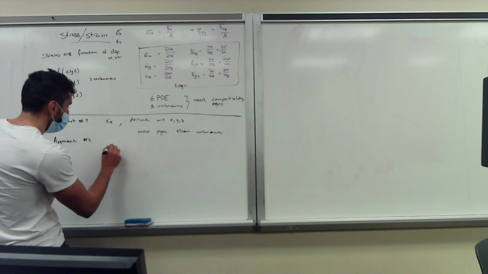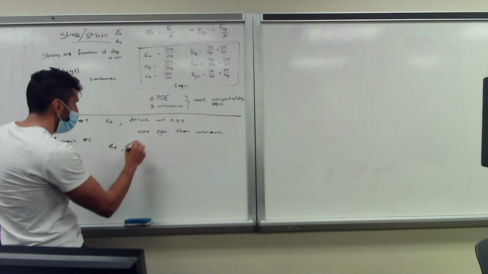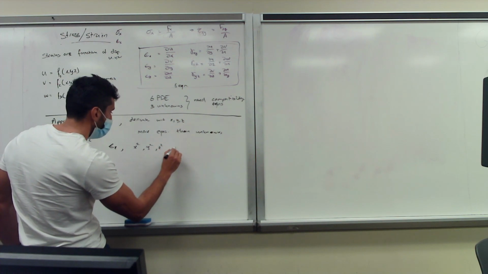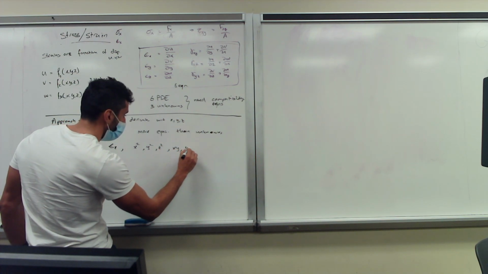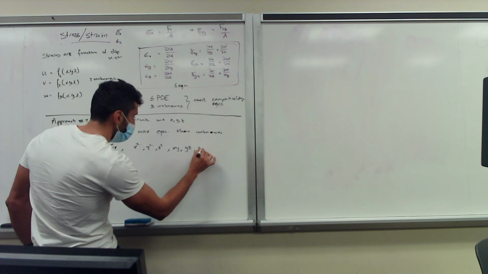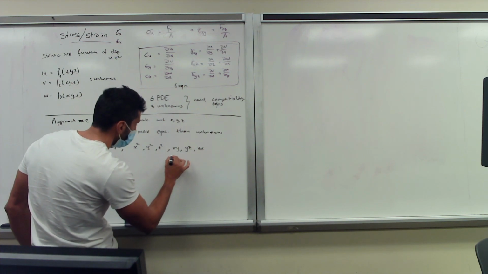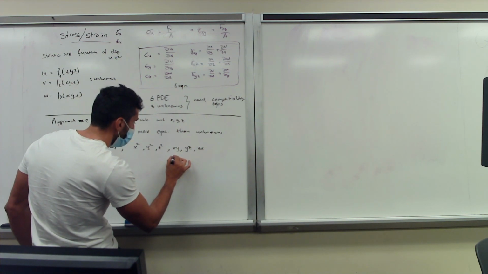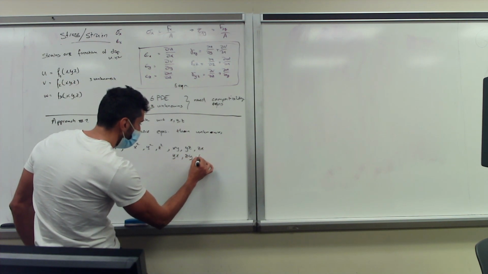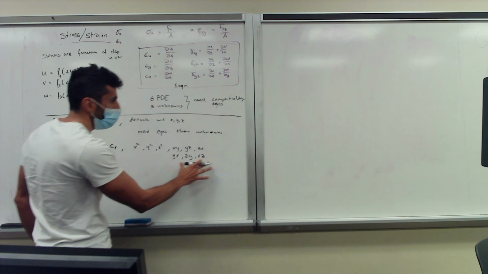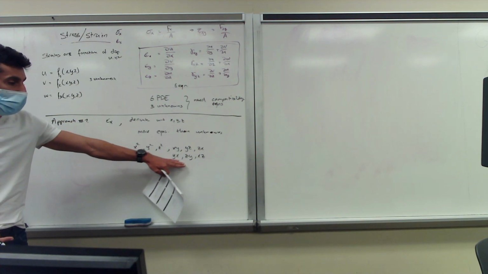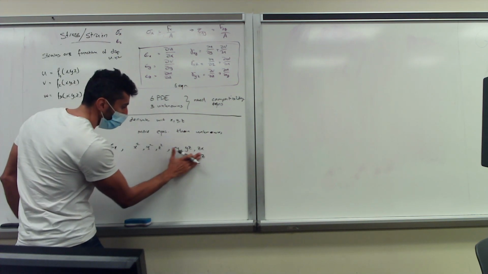That means for epsilon x we take the derivative with x squared, y squared, z squared, xy, yz, and zx. To be fully correct, we would also take yx, zy, and xz. But for these derivatives, the order of differentiation doesn't matter, so the second set is the same as the first. So we can ignore those.